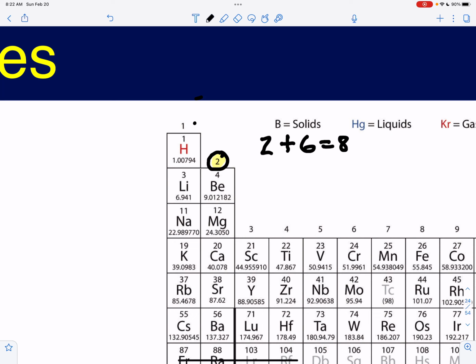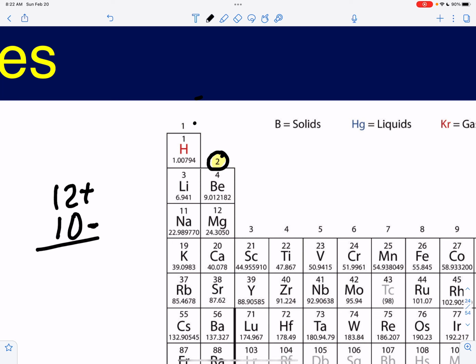What's easier, to gain 6 or to lose 2? The easier thing would be not to gain 6, but to lose 2. Therefore, in the case of magnesium, it began with 12 protons, but it lost 2 electrons. So now I have 10 electrons. So overall, it's going to be 2 plus. So that's why this group is 1 plus. That's why this group is 2 plus.